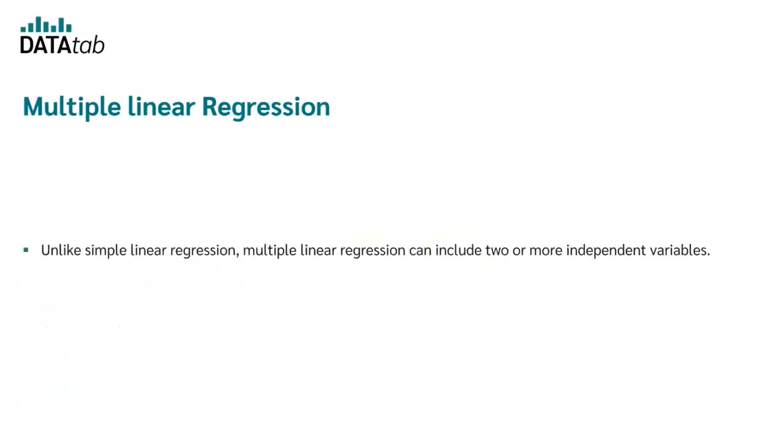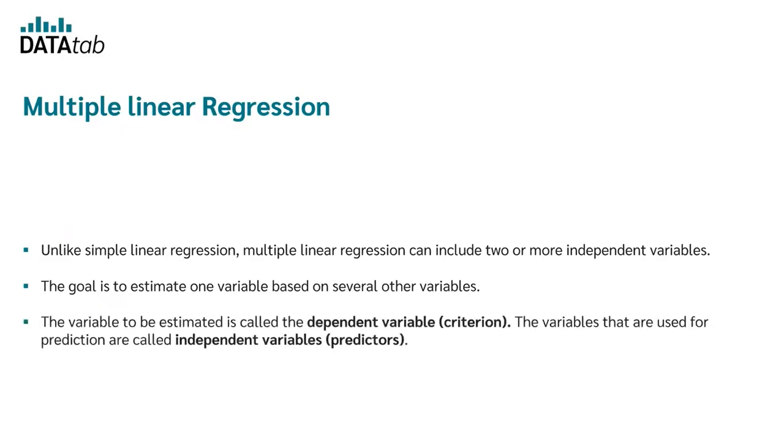Unlike simple linear regression, multiple linear regression allows for the consideration of more than one independent variable. As we already know, the goal of a regression is to estimate one variable based on several other variables. The variable to be estimated is called the dependent variable or criterion.